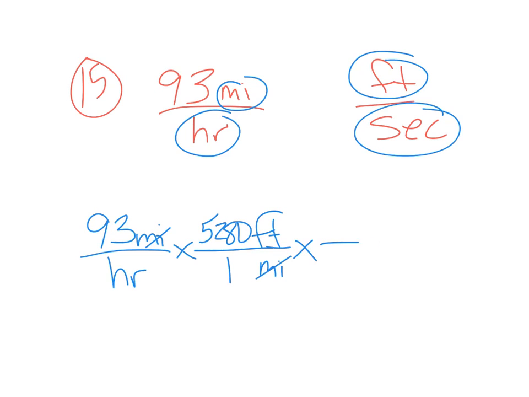Now I have to do hour on top and seconds on the bottom because I want to cancel out my hours. How many seconds are in an hour? It's 3,600 seconds in an hour.